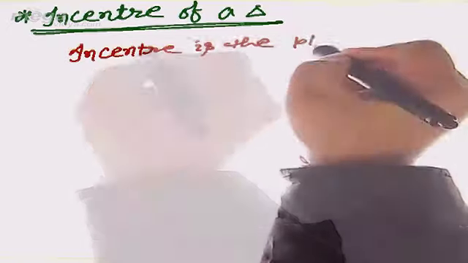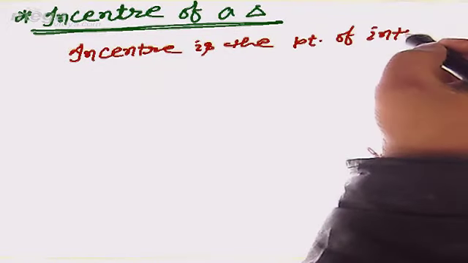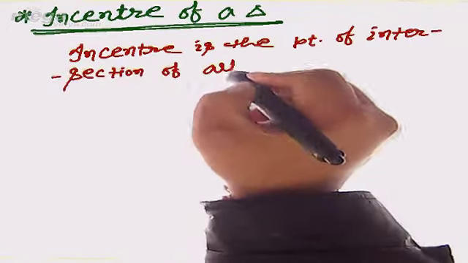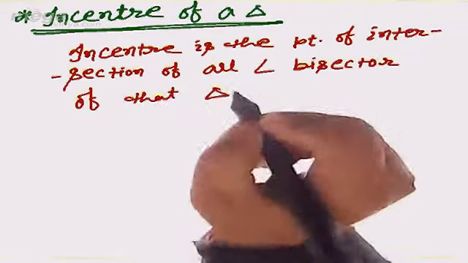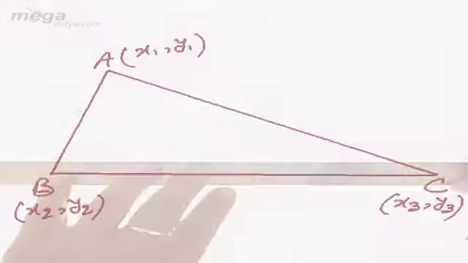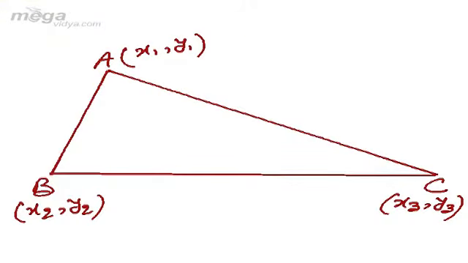Incenter is the point of intersection of all angle bisectors of that triangle. So student, here also I am drawing the figure. This is the triangle ABC whose vertices are (x1, y1), (x2, y2) and (x3, y3). Now we will draw the angle bisector of each angle.